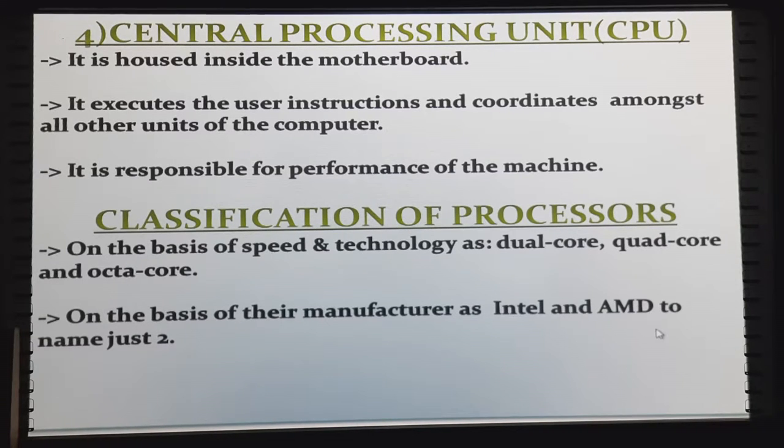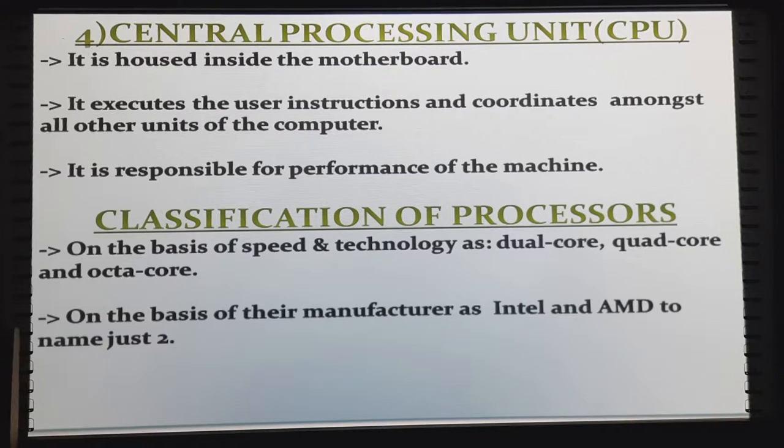So these two points you should remember, that is the classification of processor. The first criterion is on the basis of technology: dual core, quad core, octa core, Core 2 Duo, Core i3, Core i5, Core i7. And on the basis of manufacturer they are classified as Intel and AMD, to name just two. So this is about CPU.